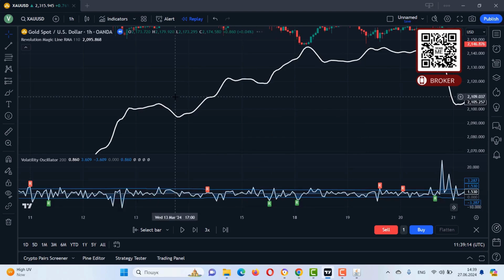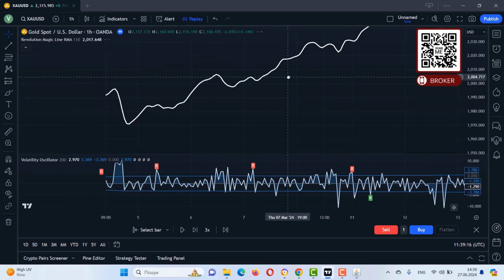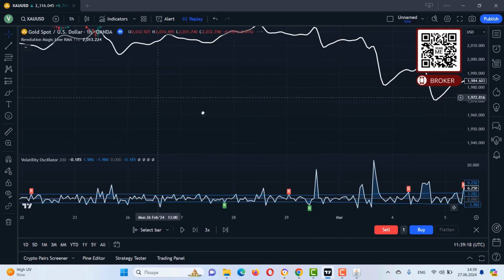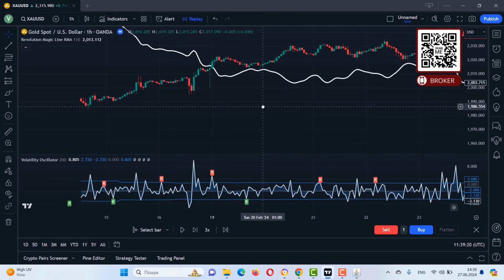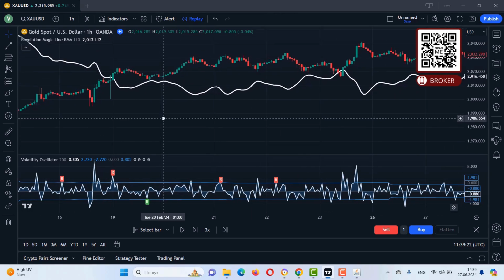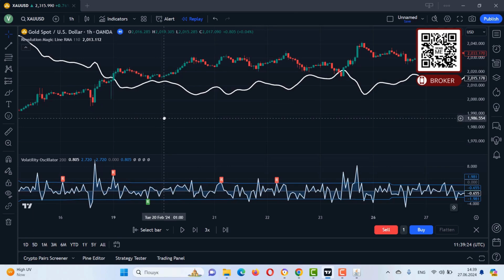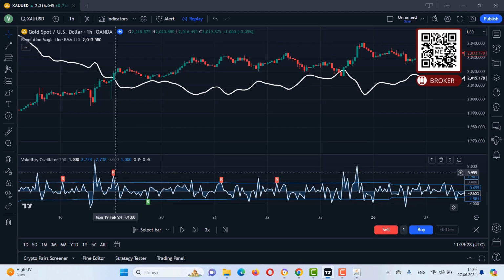Let's take a closer look. An example for sale, but I wanted to show you something else. This is where we get the signal for sale, but our price is higher and it should be lower.